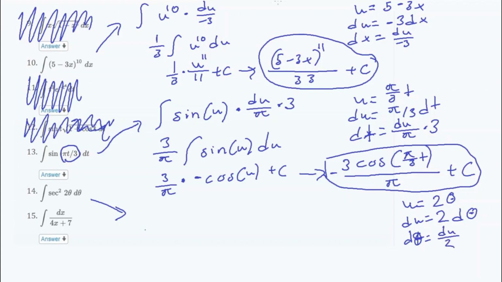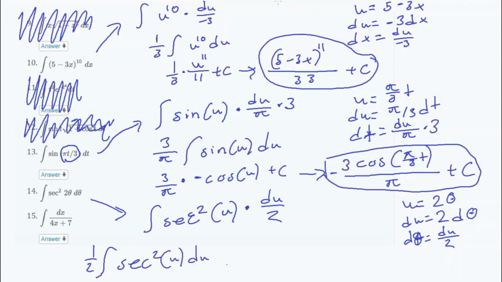Now we just do our plugging in, so we're going to have the integral of secant squared u multiplied by du over 2. And since there's a 2 in the denominator, we know that's 1/2. 1/2 is a constant, so let's bring that to the outside. So we're going to have 1/2 integral of secant squared u du. So how can we find the antiderivative? If we think back to trig derivatives, what's the derivative of tan x?